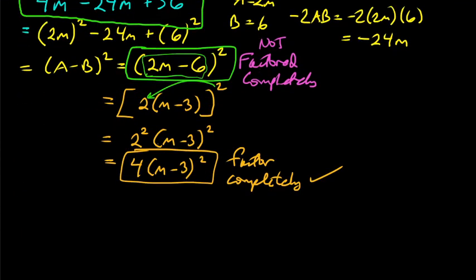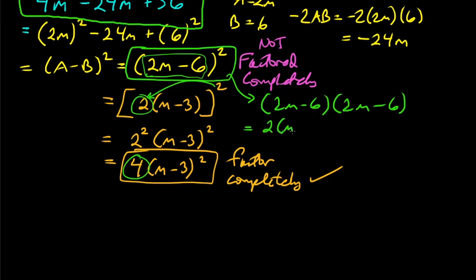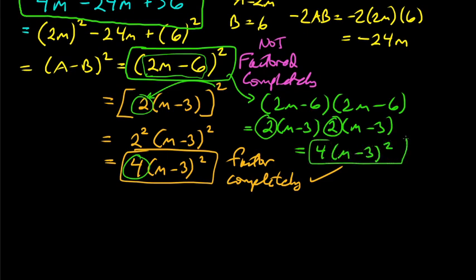And again, if you're worried about the 4 instead of the 2, keep in mind that we could have written this as 2m minus 6 times 2m minus 6. And when you do that, you factor out a 2 from the first factor, and you factor out a 2 from the second factor. So you're factoring out 2 times 2, which is 4. So either way you do it, you should get this as your answer, 4 times m minus 3 squared.